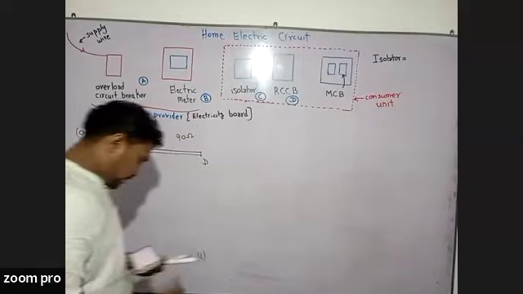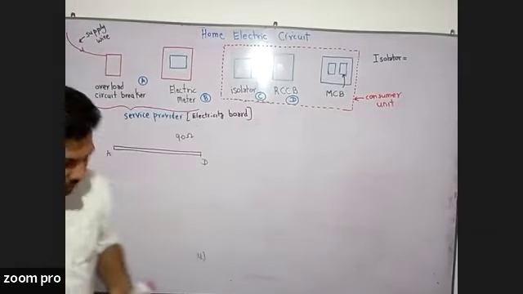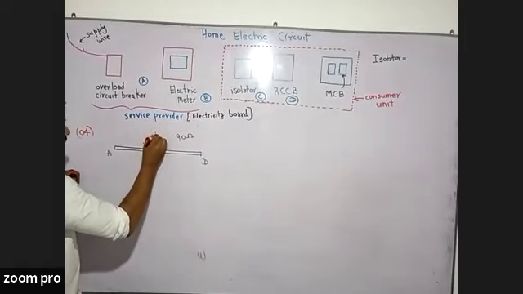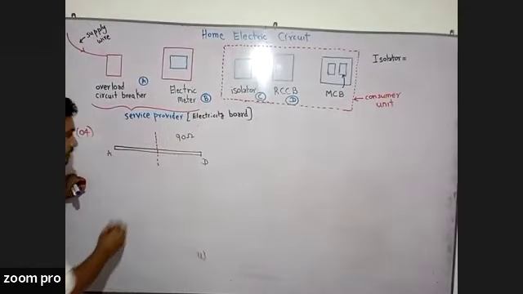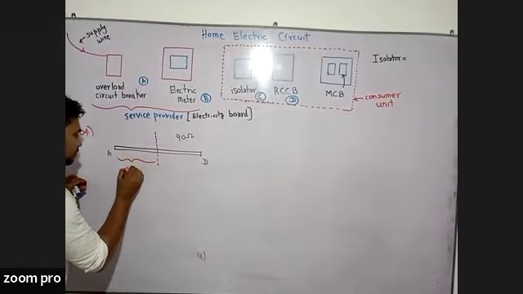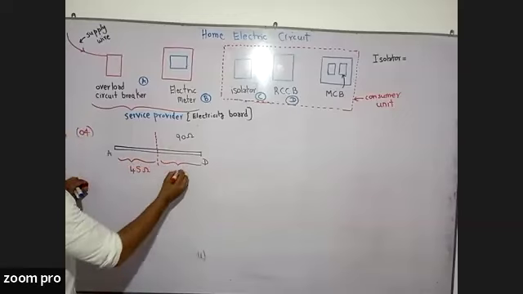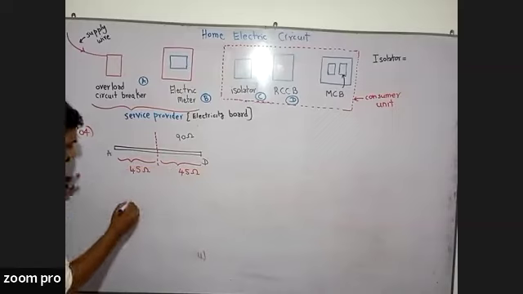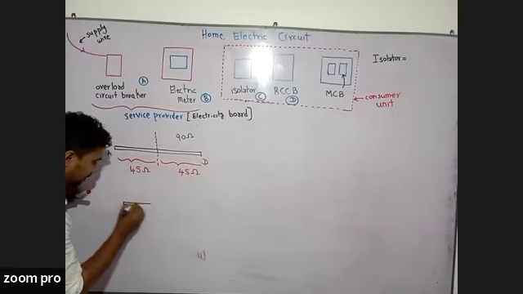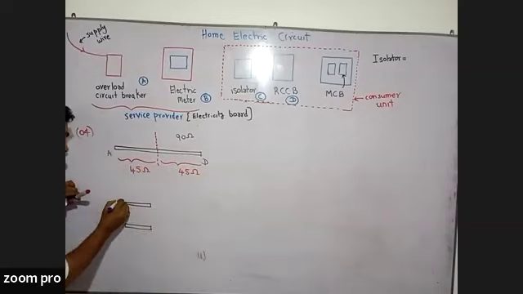Now according to the question, the conducting wire AD is cut into two equal parts, right? So when it is cut into equal parts, the resistance is also divided into two. That means the resistance of this part should be 45 ohm, and the resistance of the other part should also be 45. Then we connect these two wires in a parallel way.